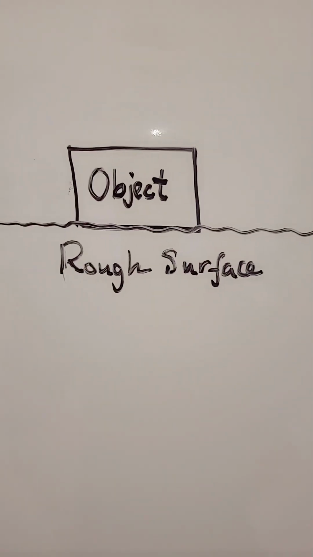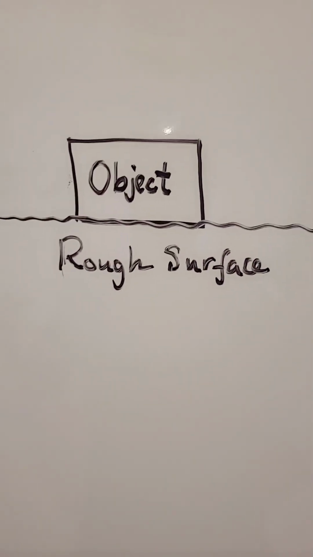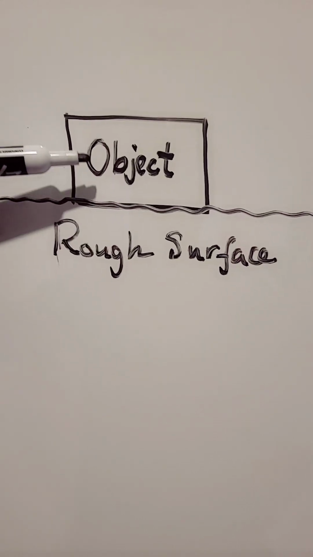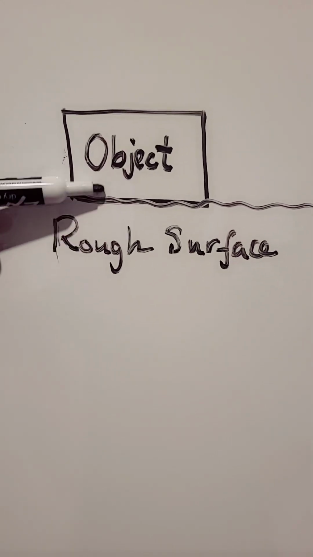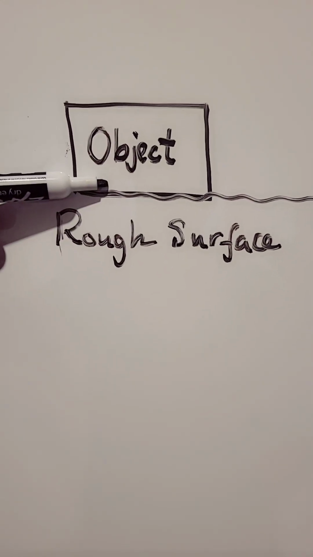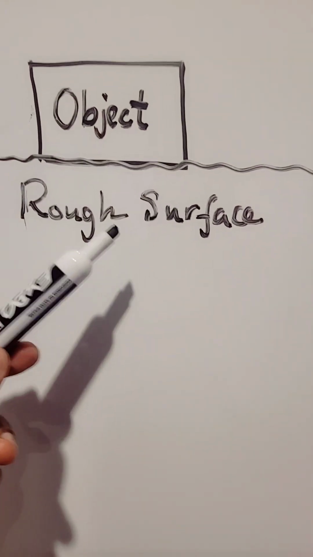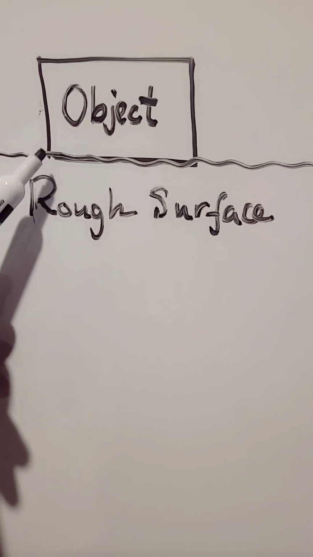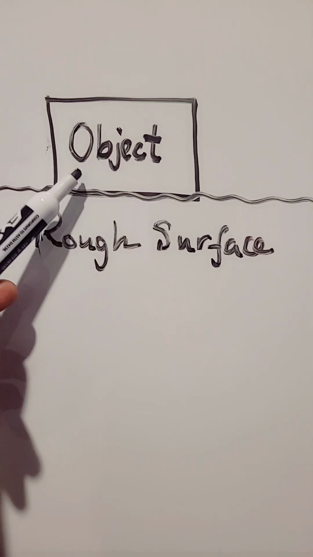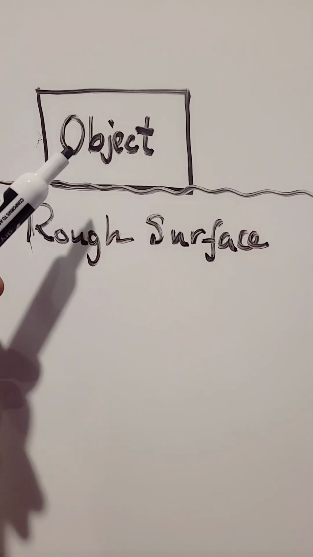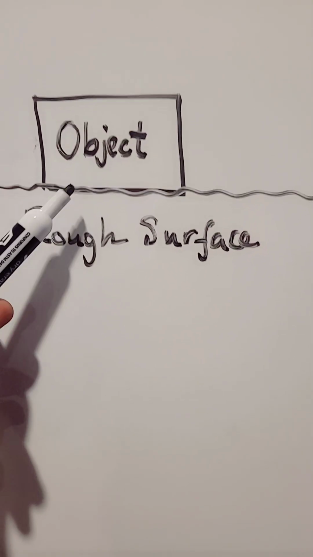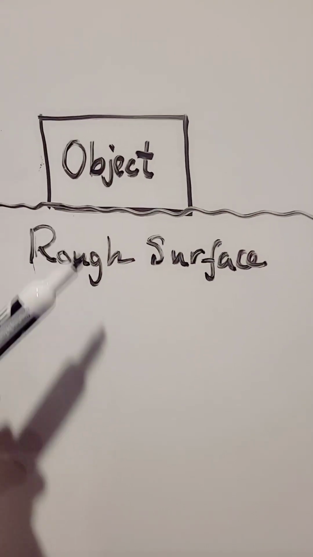So that means there's no tendency for relative motion, there's no motion of the object. So there's no relative motion between the surface and the object. As a result, even though the surface can generate a friction force, because there's no relative motion between the two surfaces, the friction force is zero.